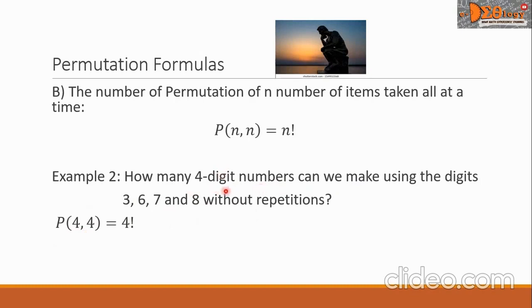This simply means we are taking all the digits at a time. So this is equal to 4 factorial, so 4 times 3 times 2 times 1 equals 24. This is our final answer.